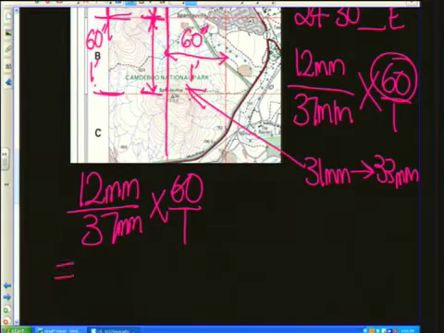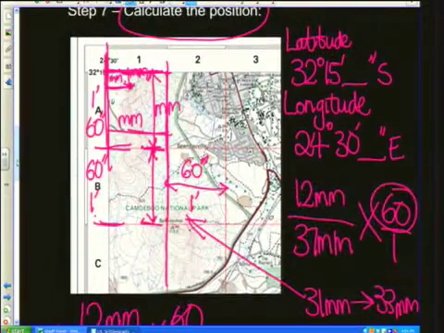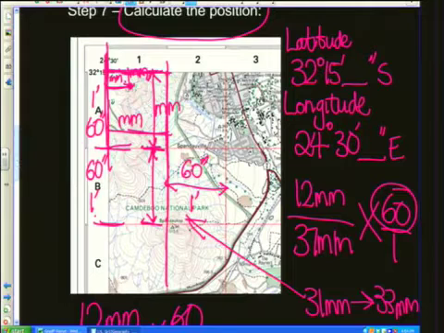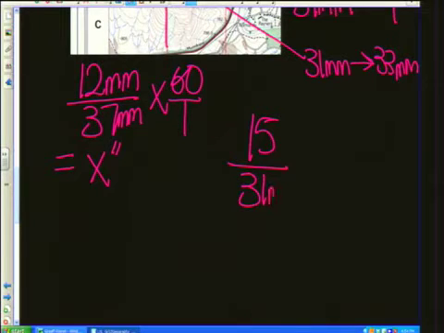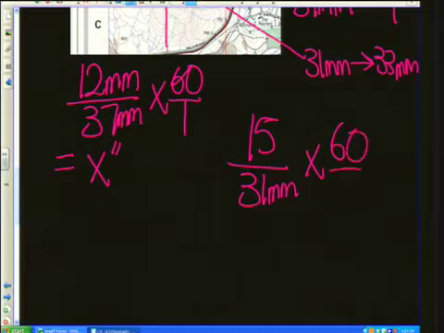In this example, that's 60 times 12 over 37, and I'm going to put it as x seconds. And in this example, further, when we worked out the distance between the line of longitude and the point, we had 15 millimeters. So for the longitude, 15 over 31 millimeters times 60 over 1. And this we're going to put as y.